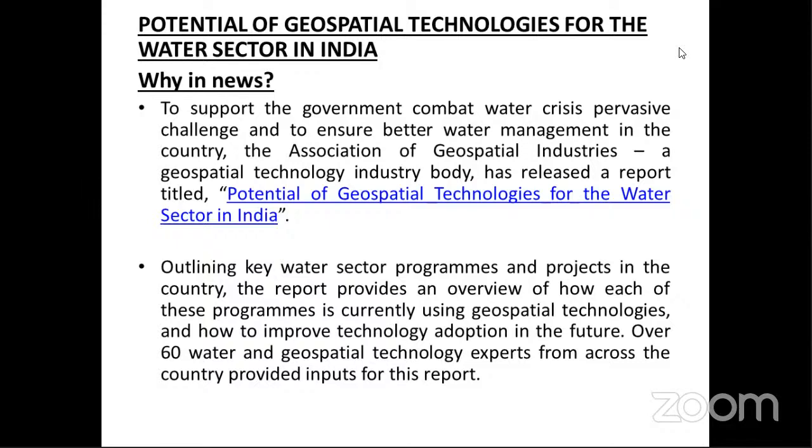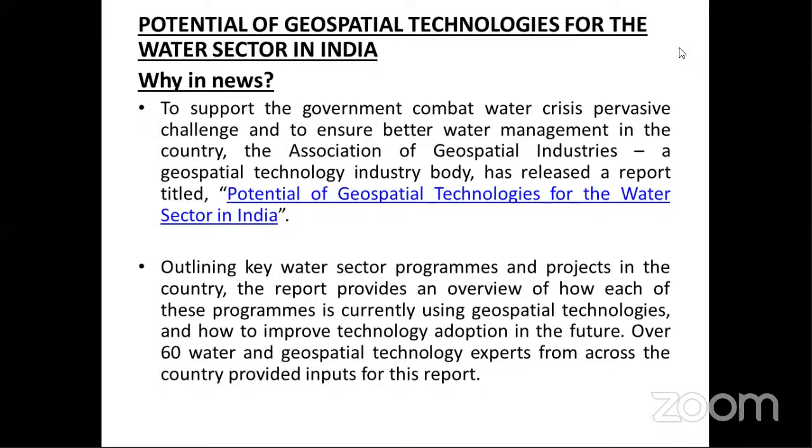This news very clearly indicates something related to the water sector and the water crisis in India, how the Indian government tackles such a crisis, and how we should know the actual problems of water in different parts of our country.